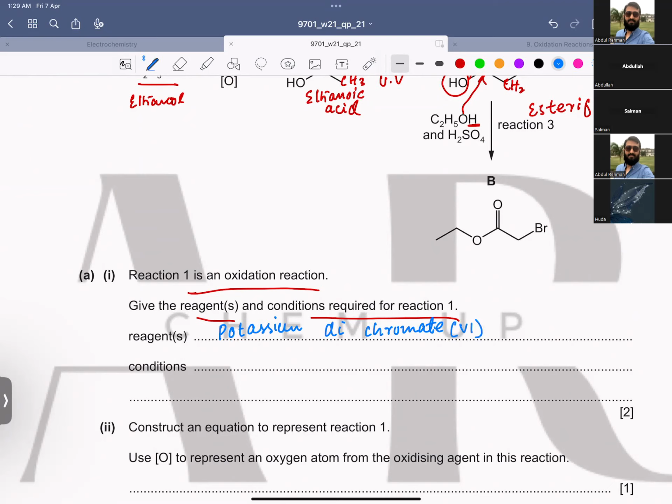So what are the conditions? One condition is the acidic condition, we need an acidic medium, and the other condition is heating under reflux.